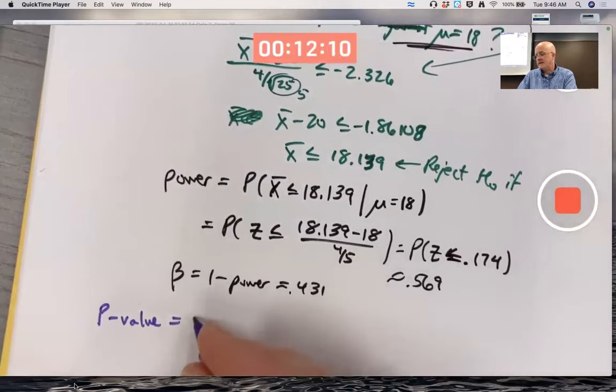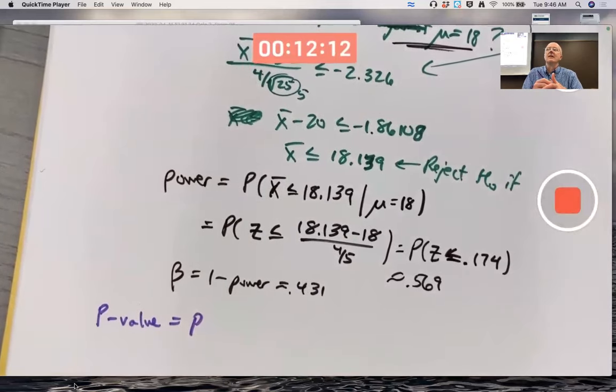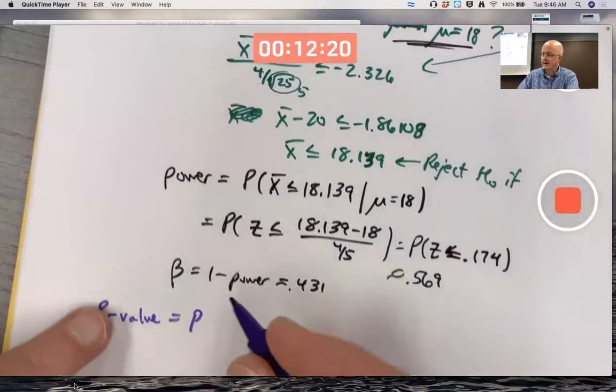The p-value is always the probability of observing a test statistic as extreme or more extreme than what you actually observe when the null is true. That's a mouthful, but it's worth writing down.